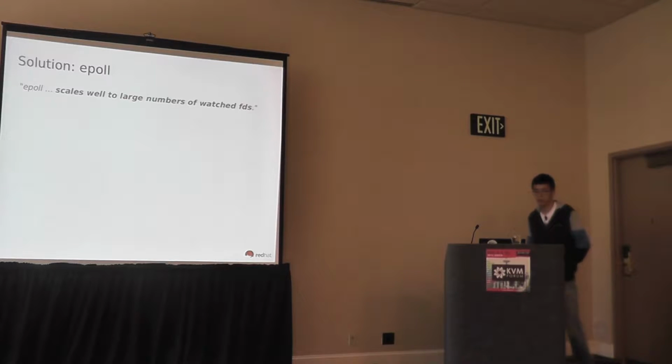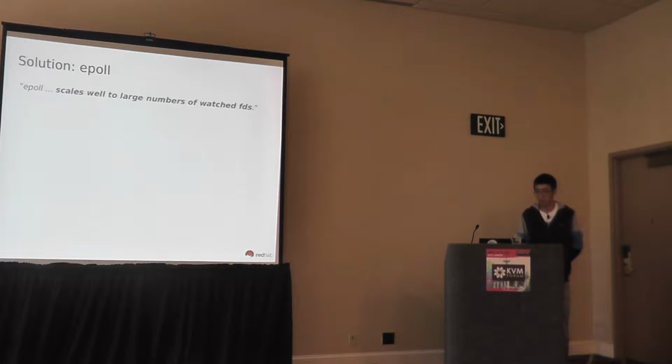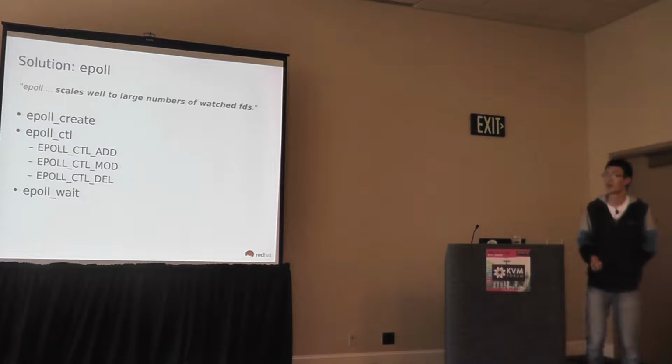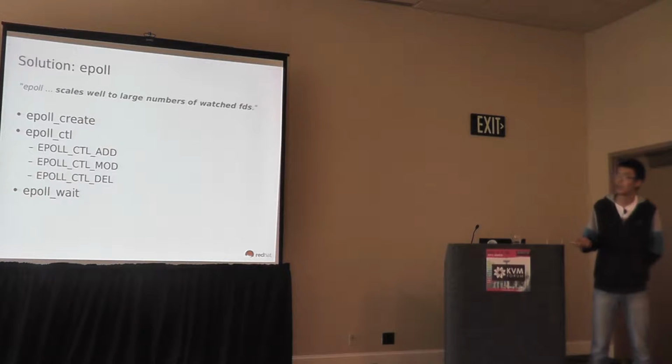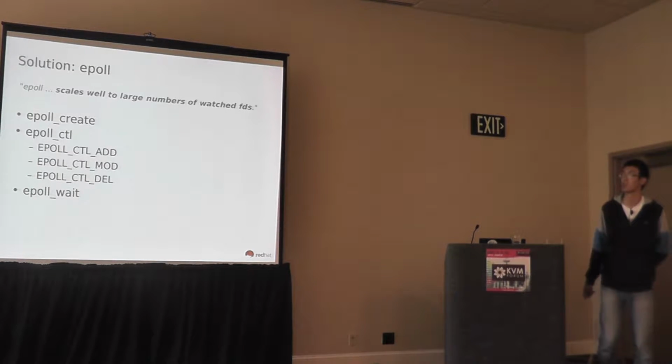So the solution is to use the Linux native syscall epoll because it scales well to a large number of watched FDs. That is what the man page says, at least. The interface is like this. Firstly, you create an epoll FD with the epoll_create function.